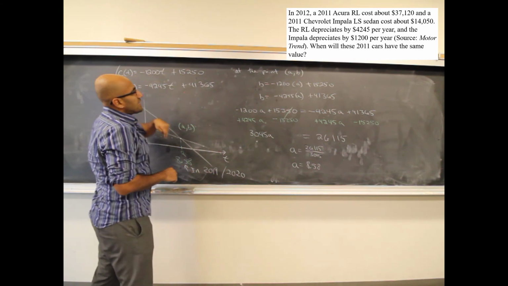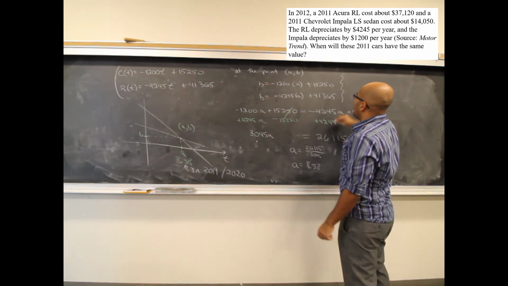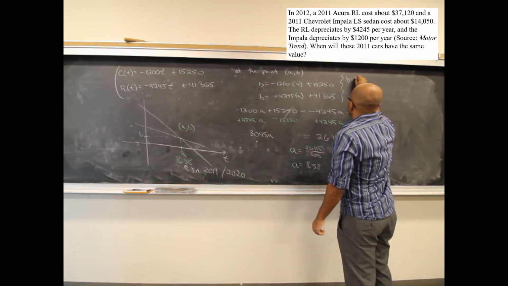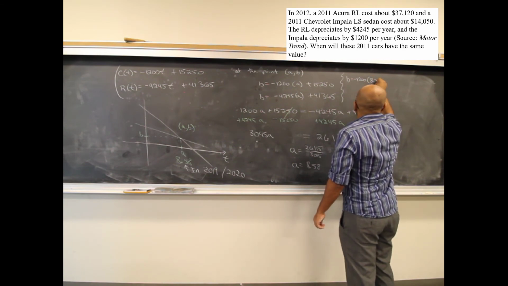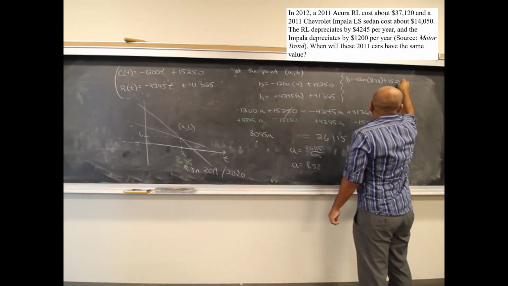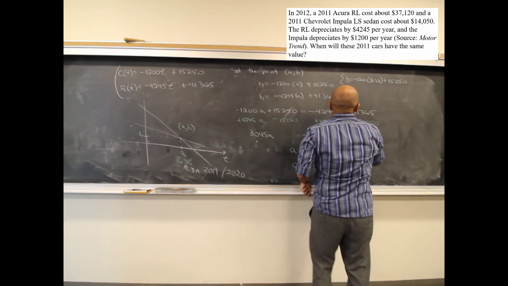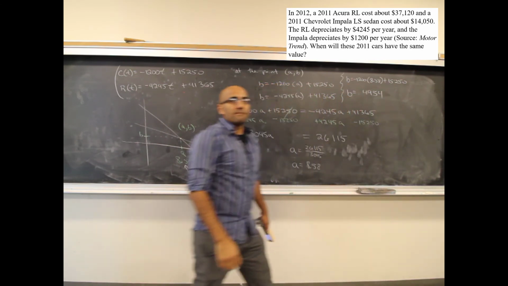Well, you can take either one of these, it doesn't matter which one, and plug in your new value of A. So B equals negative 1200 times A, which is 8.58, plus 15250, and we get that B equals what? 4954. Okay, there we go.